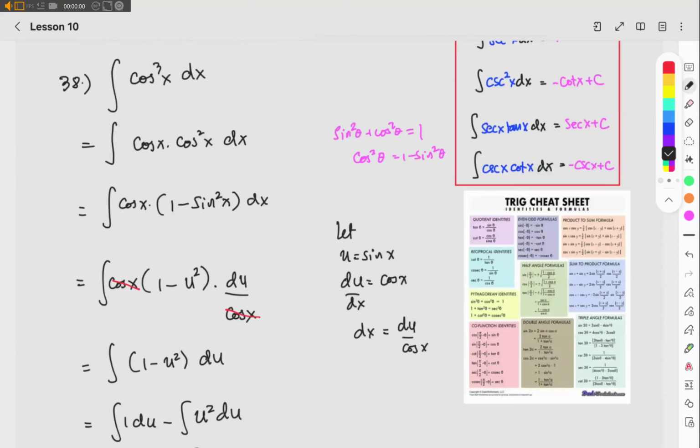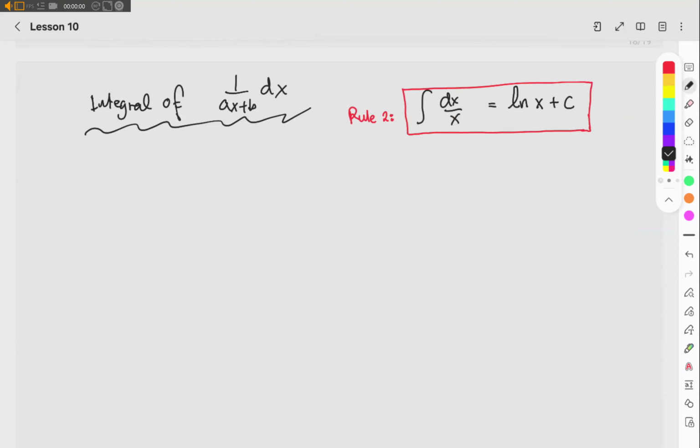So that will be example number 39. For example, let's say I have an integral of 1 over 2x plus 3 dx. Technically speaking, it's the same thing as written as dx over 2x plus 3. So what do you notice here?